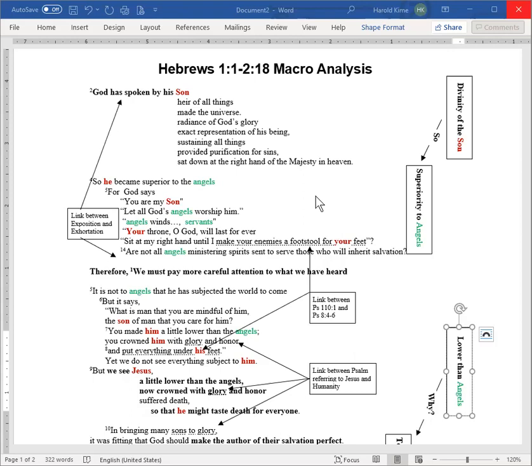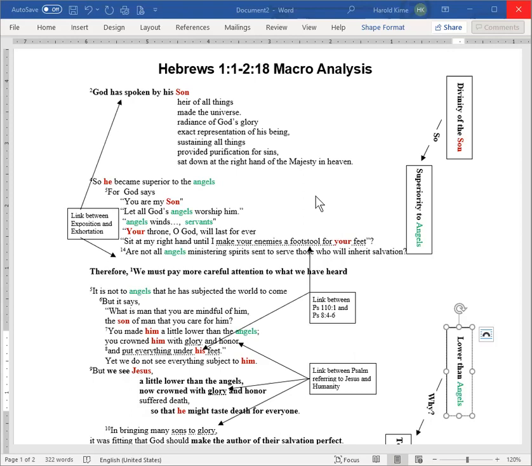However, you will notice that there is an attempt in this macro analysis to show the relationship of the individual parts to the whole, fuller message of the 2 chapters. And so we use some graphics to identify the links between the various features that are found in these 2 chapters. There are some breakout boxes.